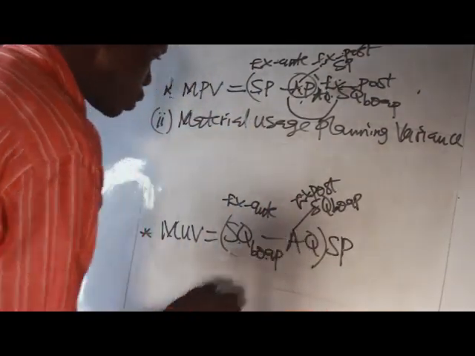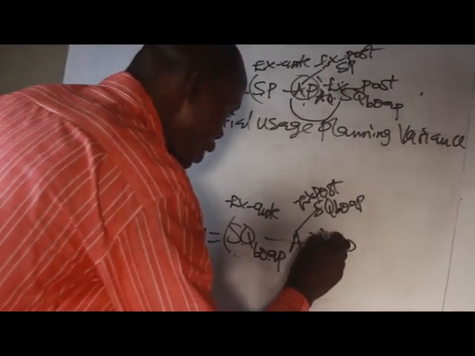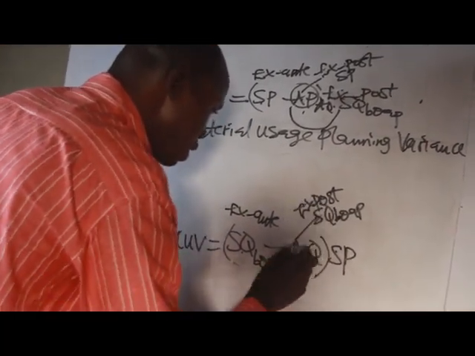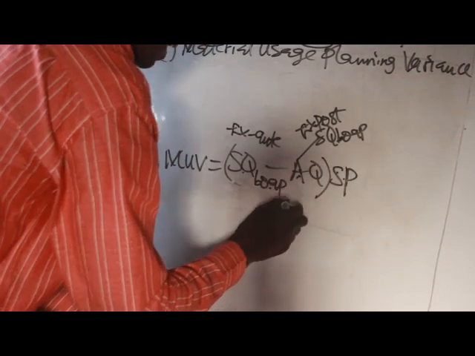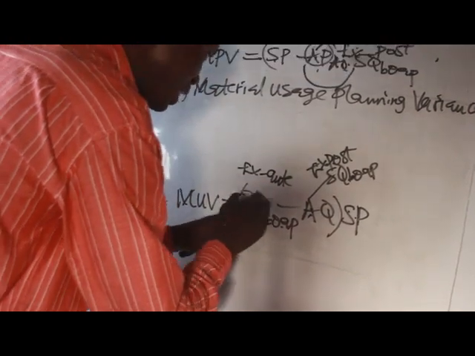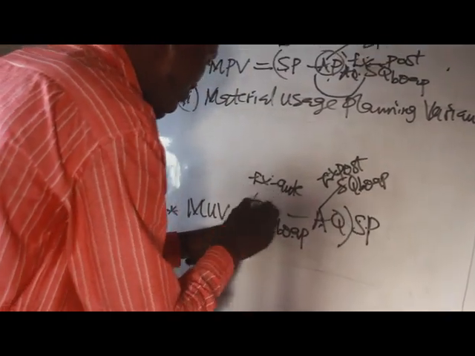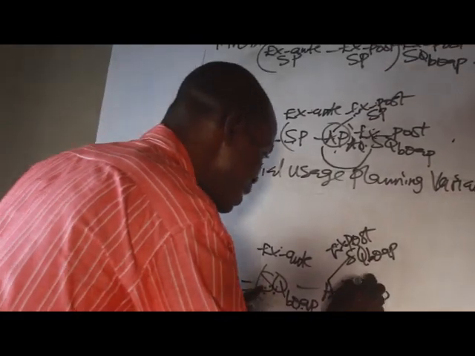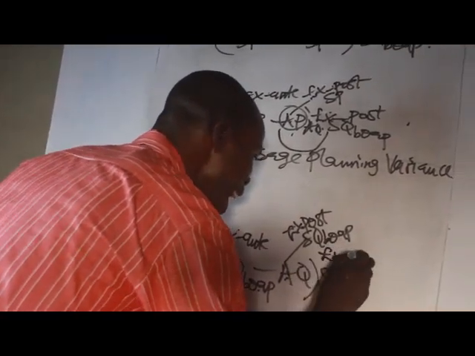Since this one is changing to ex post, this one too. This one will now become ex post since it is standard. And our standard here retains ex ante, multiplied by ex ante standard price.